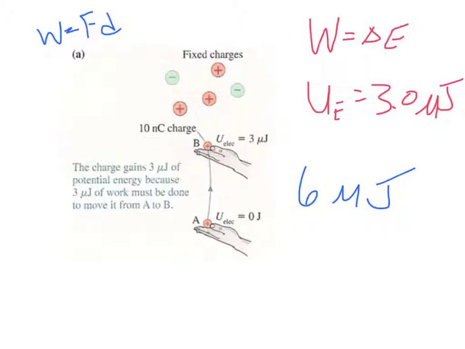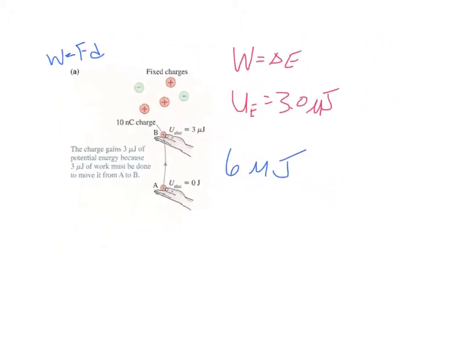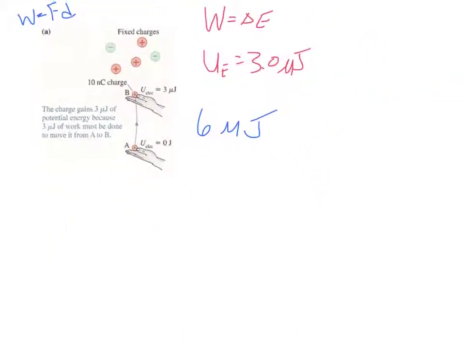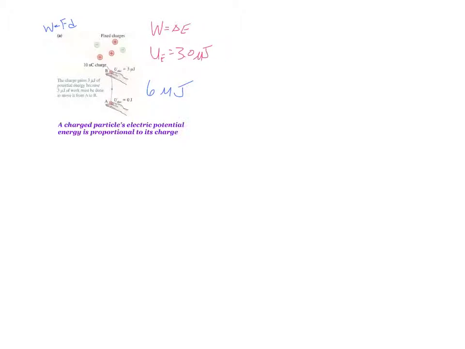Now, whenever two quantities are proportional to each other, their ratio is constant. In this example, the ratio of the charge's electric potential energy to the charge is constant. We can see this directly by calculating the ratio for the two different charges.